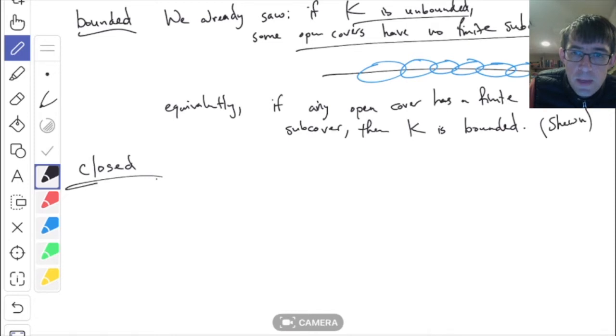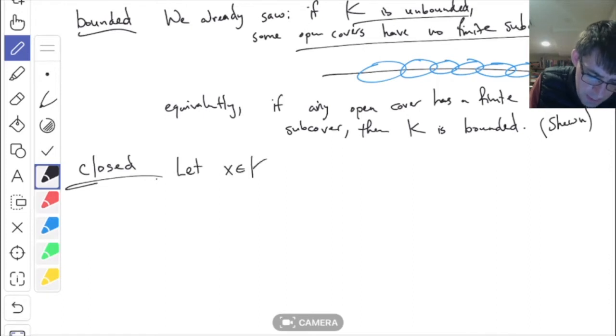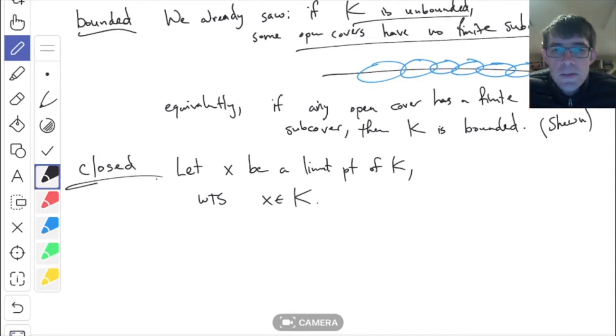Every limit point of K is an element of K. So to show that a set is closed, I'm going to let X be a limit point of K, and then I want to show that X is in K. If X is a limit point, then X is in K. This will suffice to show that K is closed, because that would mean that K includes every limit point of K. That's what it means to be closed. So I want to show that X is in K.